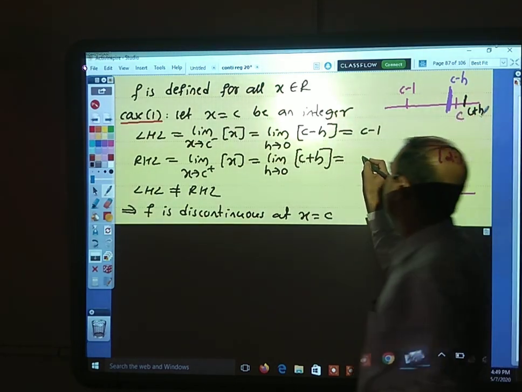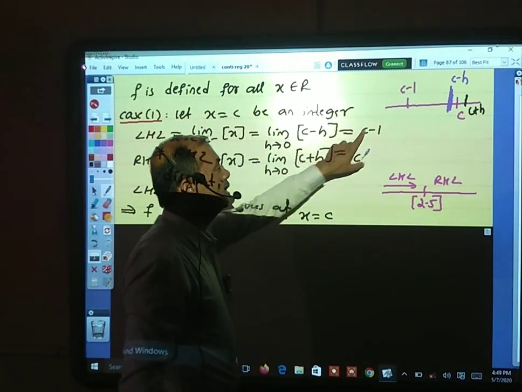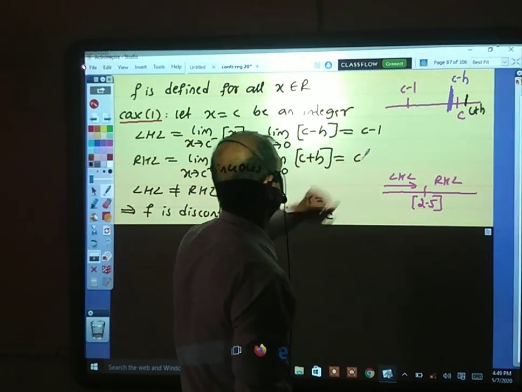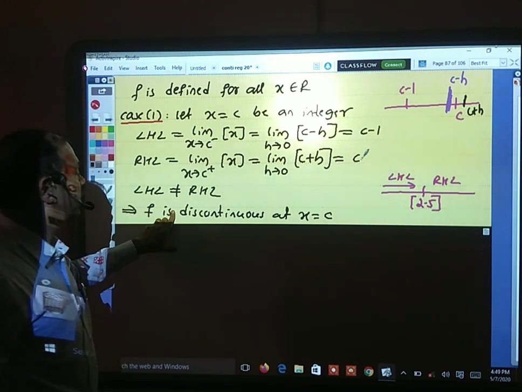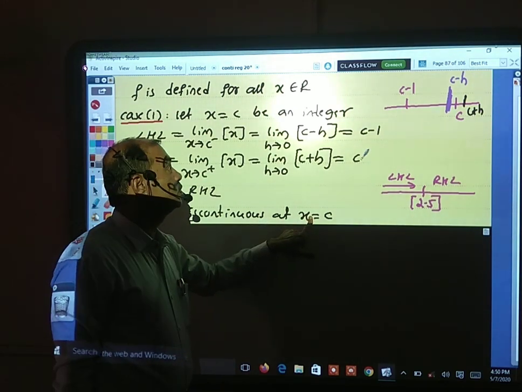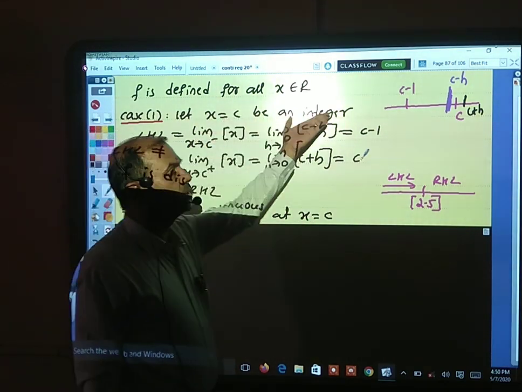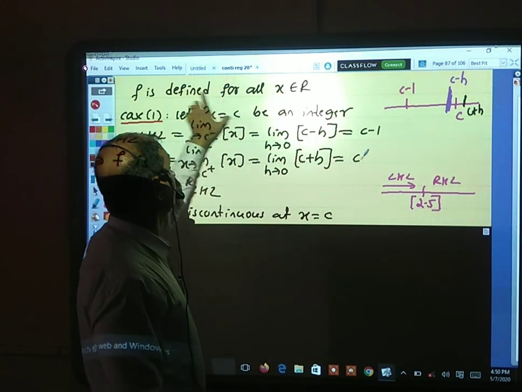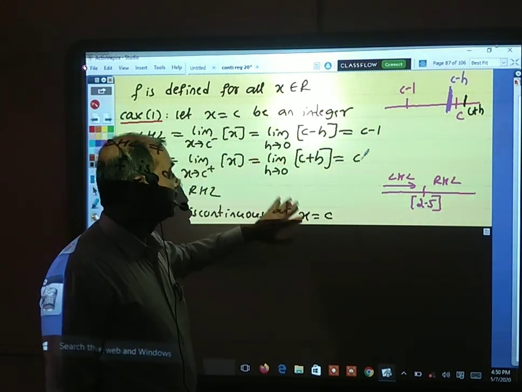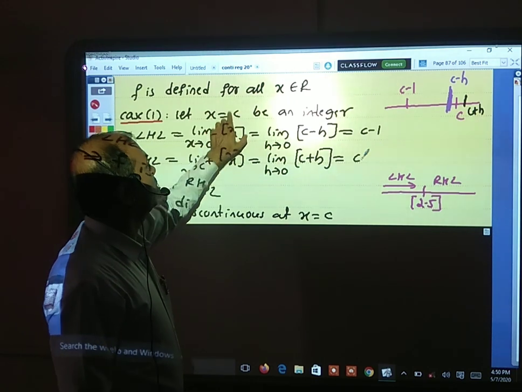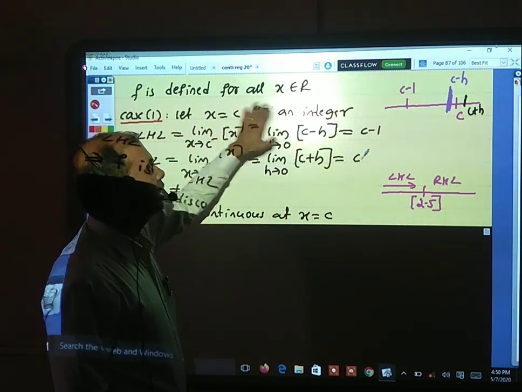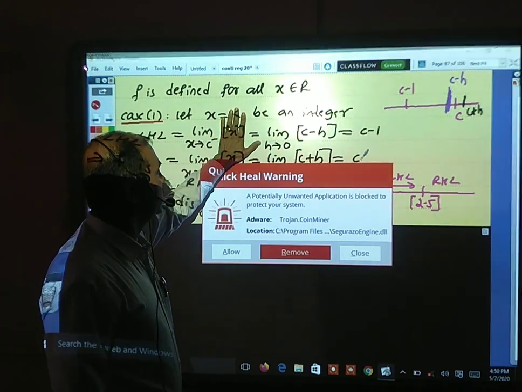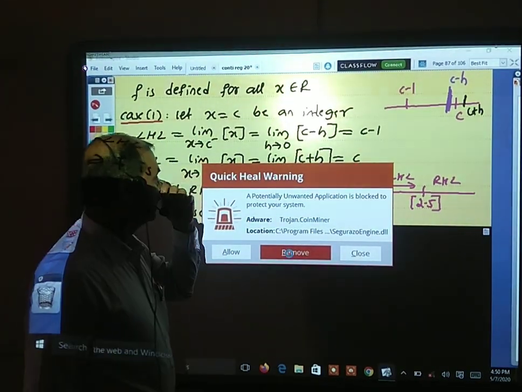C. So what is the left hand limit? C minus 1. What is the right hand limit? C. So definitely LHL is not equal to RHL. Function is discontinuous at x equal to c, where c is an integer. So therefore the greatest integer function is discontinuous whenever x equal to c, where c is an integer.